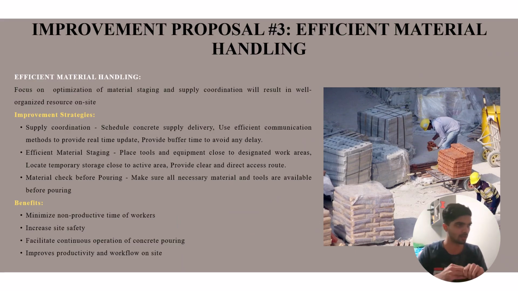Summing up the whole idea of improving the productivity on a construction site that we observed, here are some key takeaways. Efficient concrete slab pouring is essential to enhance the overall project productivity and minimize the delays. It also identifies the major productivity challenges as crew imbalancing and equipment downtime, and poor coordination between the team members and resources.